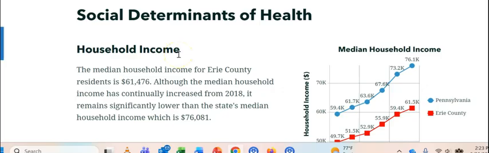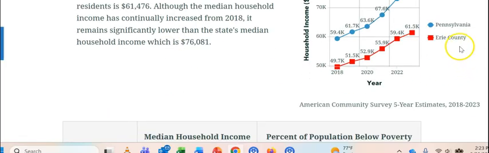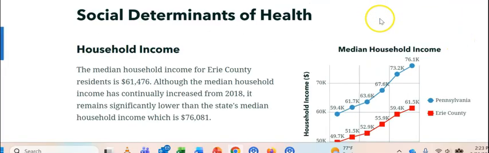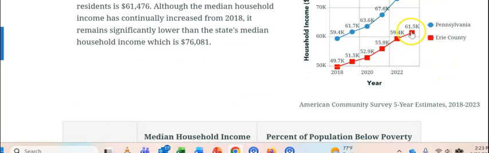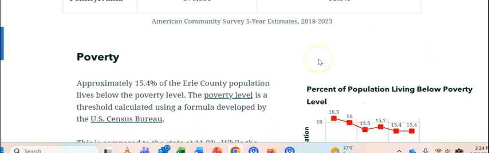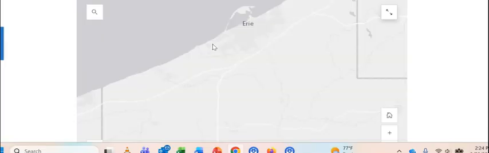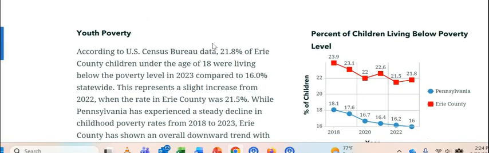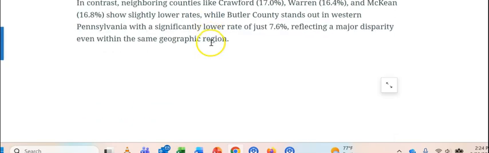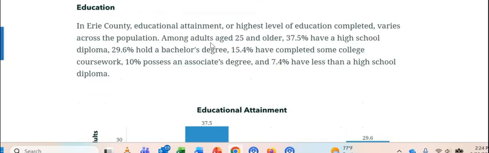And that's income. You can begin to see overall in Pennsylvania, the median household income is 76,000. However, Erie County is a lot less. You can look at that. You can look at poverty, which is a big part of Erie County. You can look at the zip codes. You can just review some of this information.